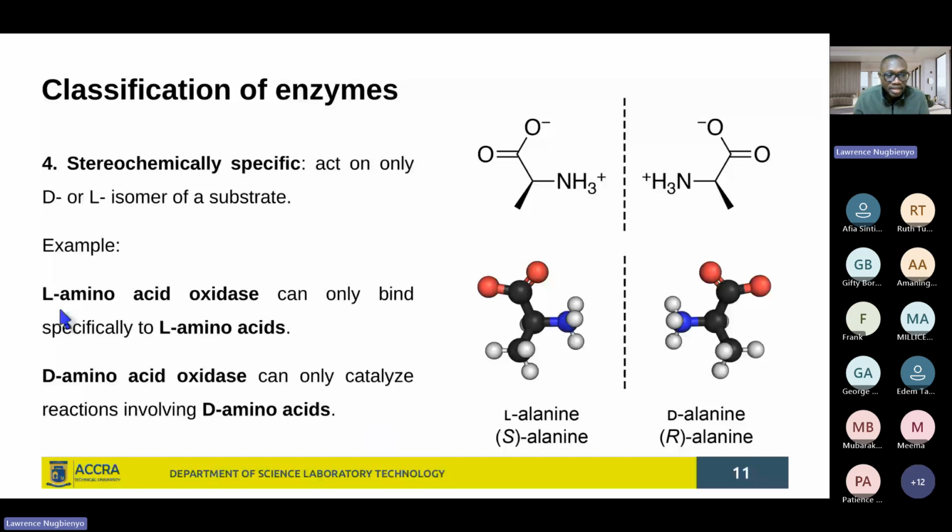So you can have L amino acid oxidase acting on the L isomers, whilst you have D amino acid oxidase acting only on the D isomers.